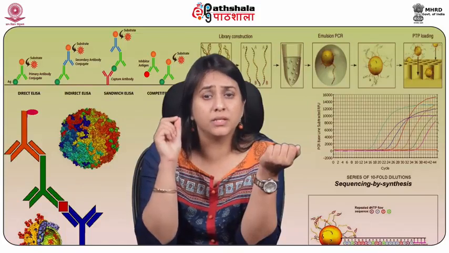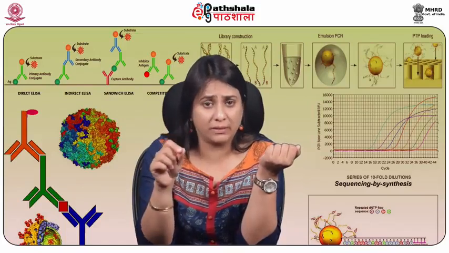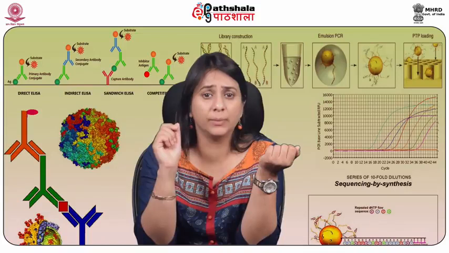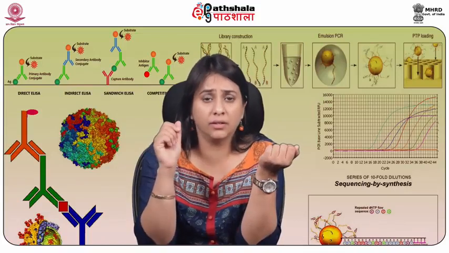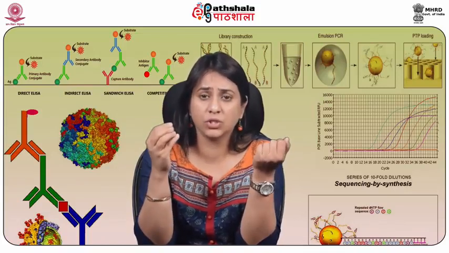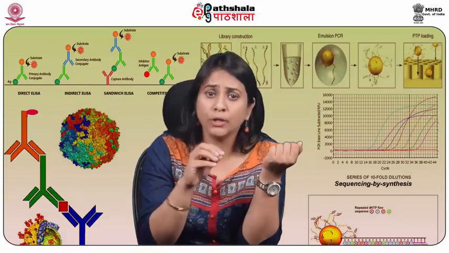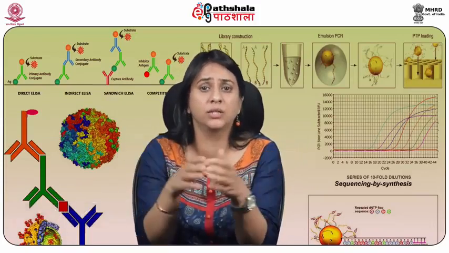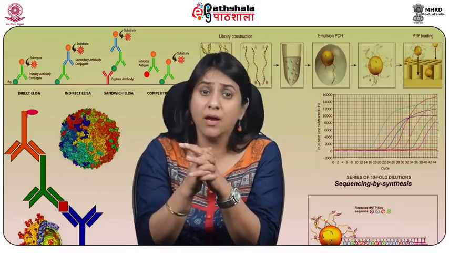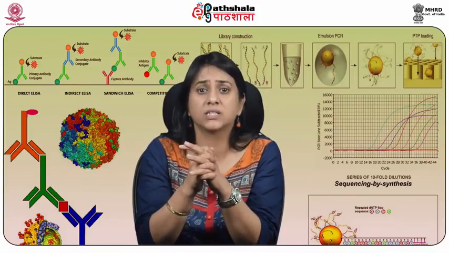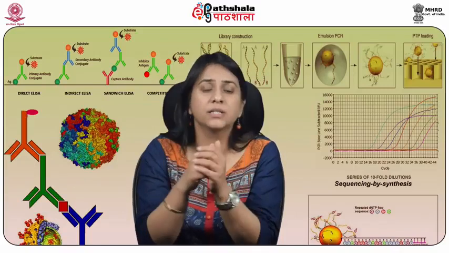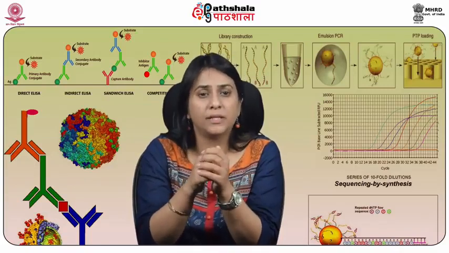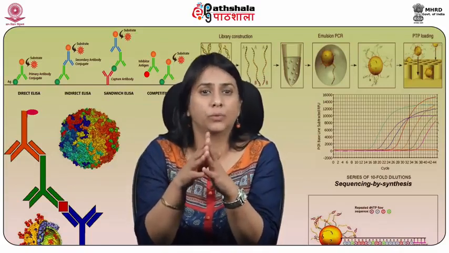This is the most commonly used method in the clinical laboratory, and solid phase hybridization in the form of dot blot and colony blot can be easily used in clinical laboratories. However, this technique is time consuming, which limits its practical application in the clinical laboratory.